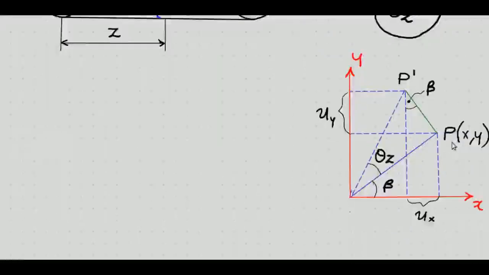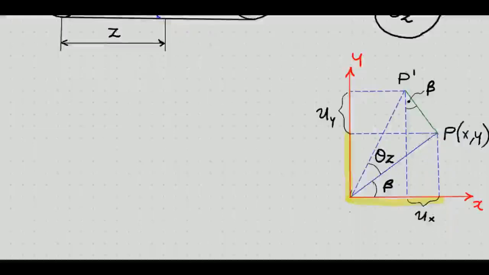The point initially has x and y coordinates, with this distance x and this distance y, and due to torsion there is a displacement of point P to point P dash.